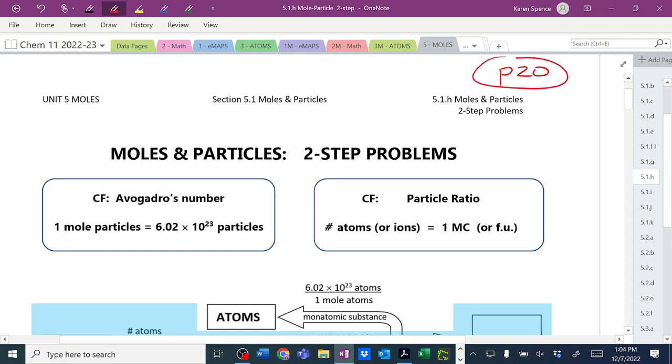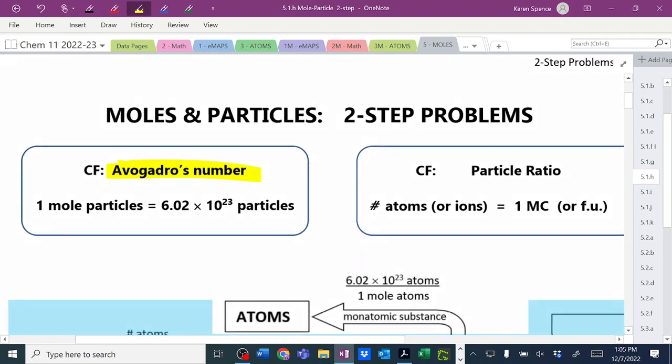So I hope all of you did your homework, which is pages 9 through 12. Did we all do that? Okay, and that homework was about Avogadro's number, which gives us the conversion factor, 1 mole of particles. Avogadro's number, from which we can make guacamole. 1 mole is 6.02 times 10 to the 23 particles.